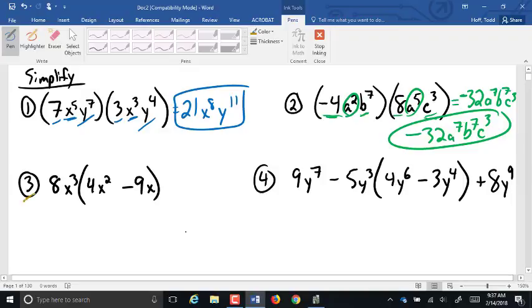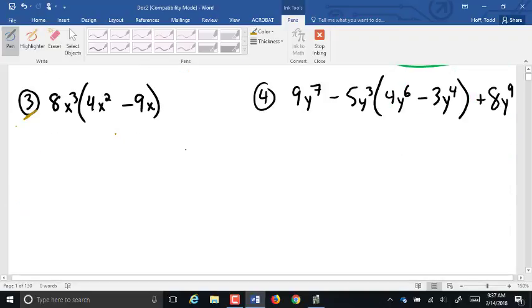Now down here for number 3, this isn't just 2 single-digit numbers anymore. We are multiplying a single-digit number by a 2-digit number. And if you recall, the way we did that was we distributed. So 8x to the 3rd times 4x squared is going to give us, perfect, 8 times 4 is 32, and x to the 3rd times x squared is x to the 5th.